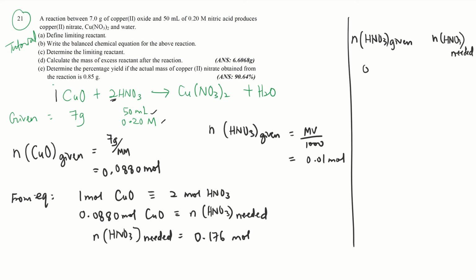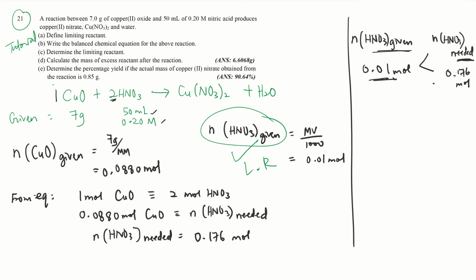Given is 0.01 mole and needed is 0.176 mole. Which value is smaller? The given one. If the given compared with the needed is smaller, that means it is the limiting reactant, so you must highlight in your answer that this one is the limiting reactant. Next, I will share method 2.